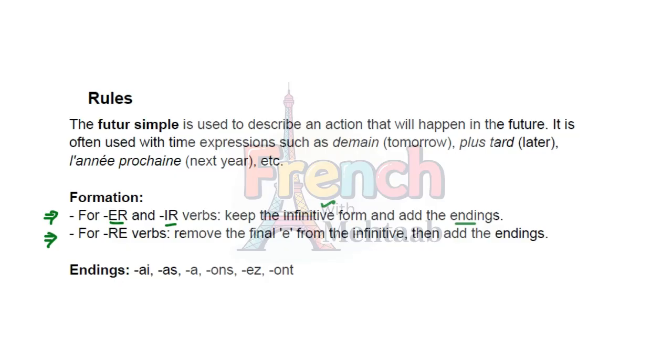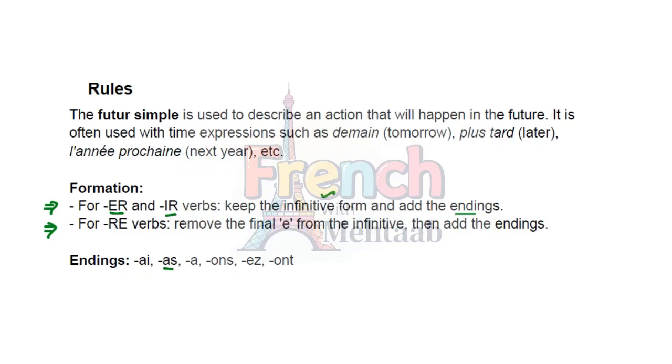What are the endings for the futur simple? They are ai when our subject is je: we add ai at the end of the verb. If the sentence starts with tu, we simply add as at the end of the verb. If the subject, le sujet, is il, elle, or on, we take the verb and simply add a to it.